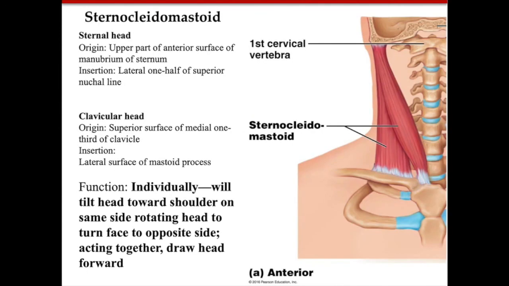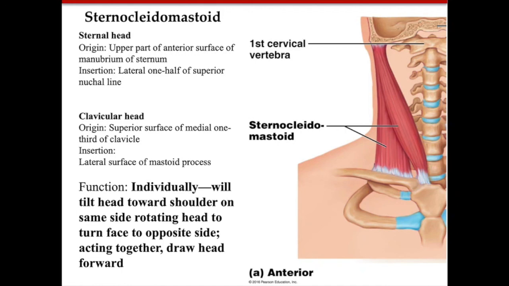So the sternocleidomastoid, so here it's important to know, I'm not interested that you know if it's an origin or an insertion. Again, that's a detail that we're not going to go for in a course like ours, but you have to know their attachments in general.